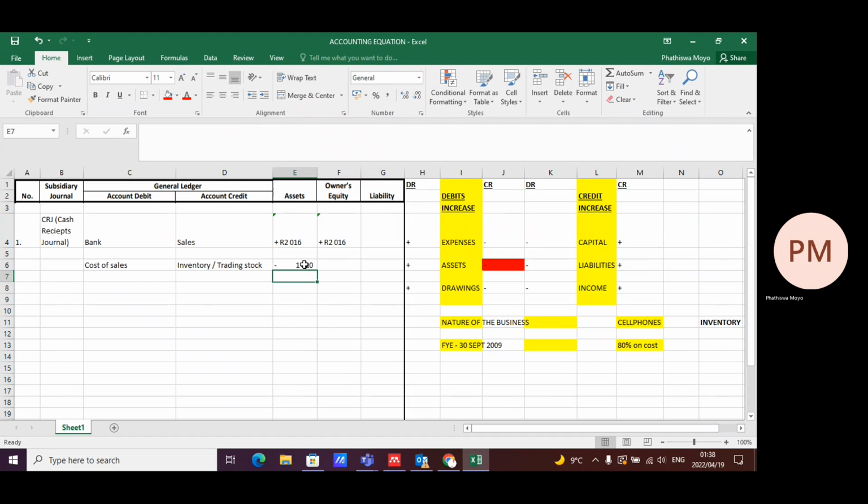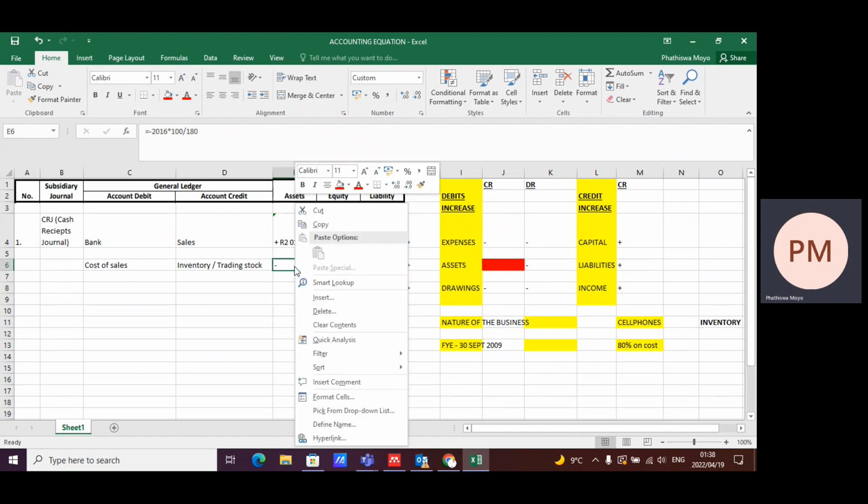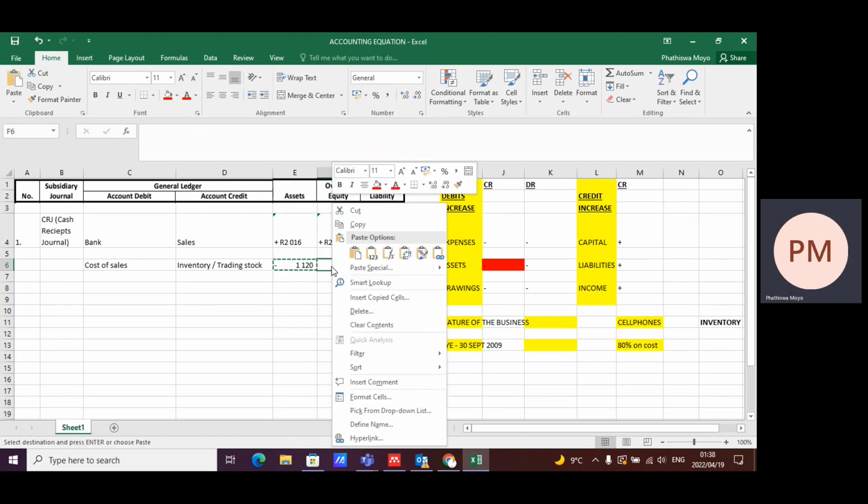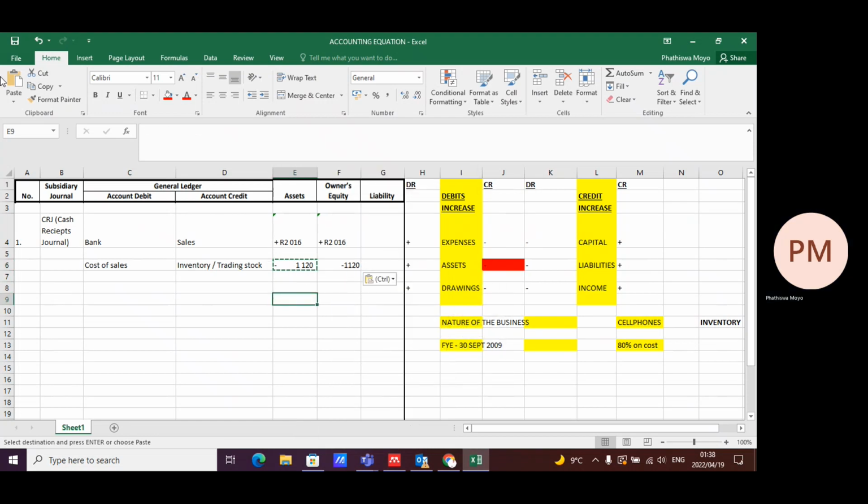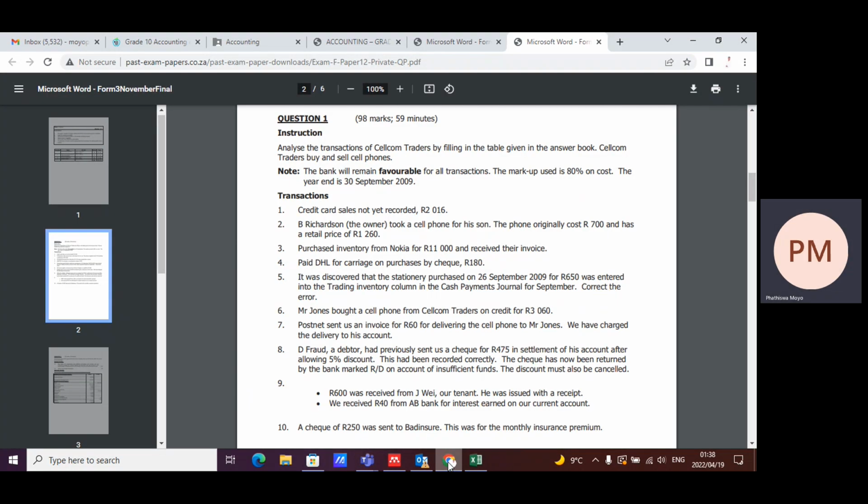So our assets decrease with 120 and our expenses decrease with the same. So I copy the formula across. Okay, so I hope this transaction makes sense to you guys. It should be very easy now. Especially if you're in grade 10, grade 9, grade 8, it should be a bit of a shocker, but you get used to it.